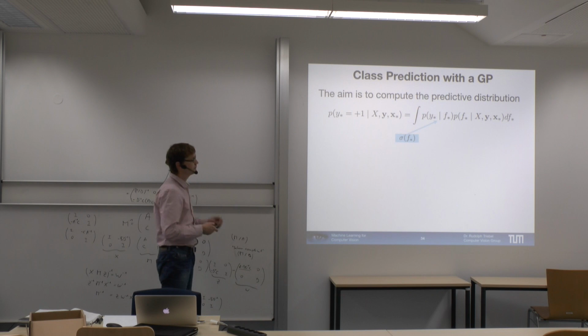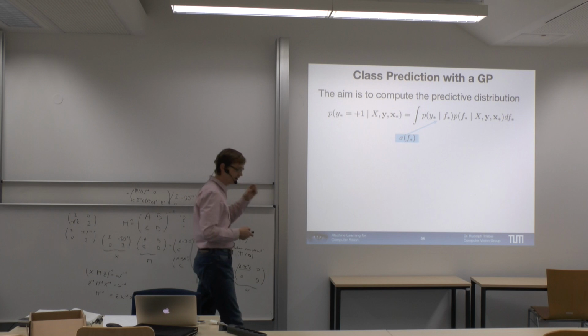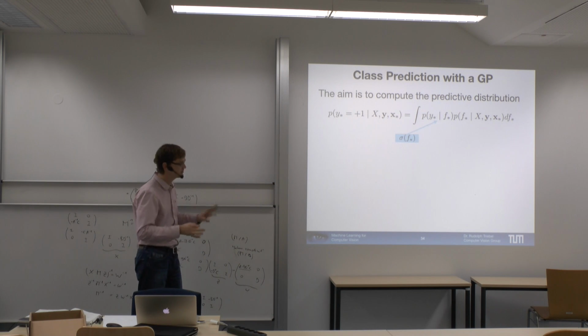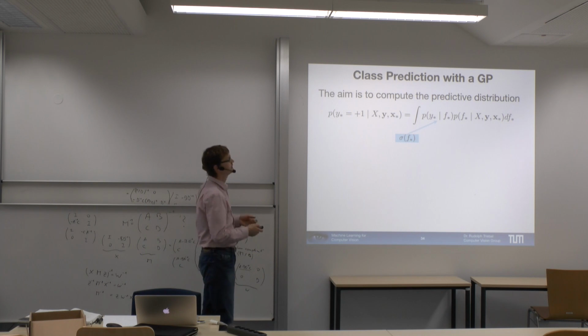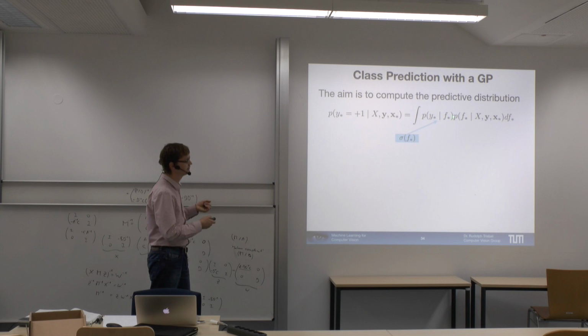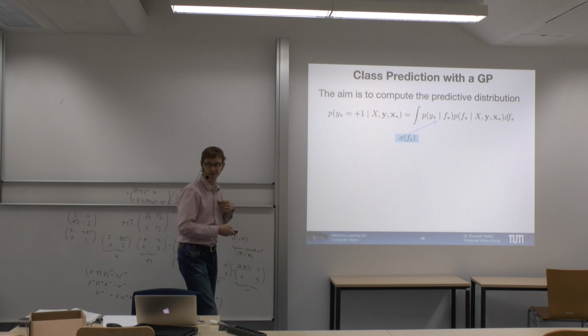We assume that we know f star, the most likely function value for x star. I train the GP, I show it an x star value, and I would like to find the most likely f star value, or any f star value, right? If I know that, then I can easily compute y star, because this is our noise model, this is our sigmoid function. How likely is it to have the label given our function? Well, this is just a sigmoid function of f, right?